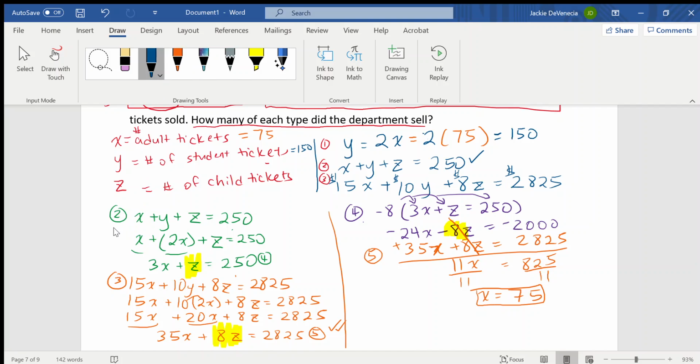Let me rewrite equation 2 down here. We have x plus y plus z equals 250. Instead of writing x, I'll just write 75, and instead of y, I'll just write 150 plus z is equal to 250.